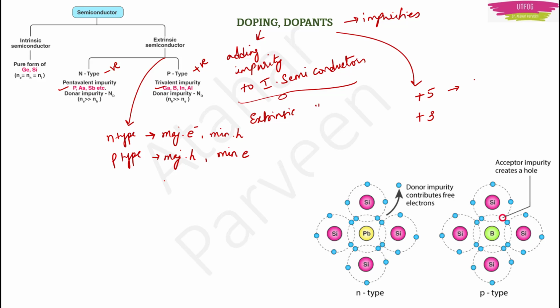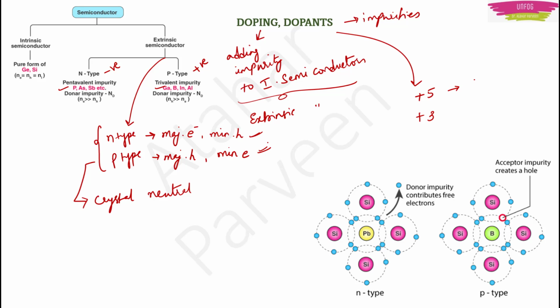But having said this, as a whole, the crystal will never be positively or negatively charged. The crystal is always neutral. We are talking about the flow of electrons in N-type and P-type semiconductors, but as a whole the crystal will be neutral. So in N-type, majority charge carriers are negatively charged electrons, and minority charge carriers are positively charged holes.